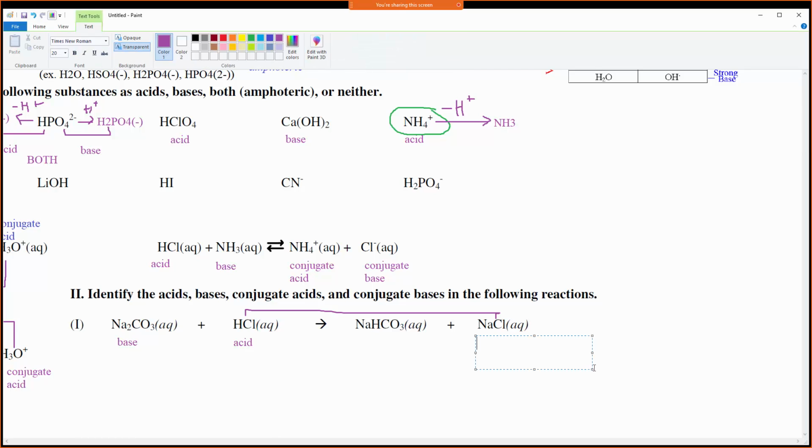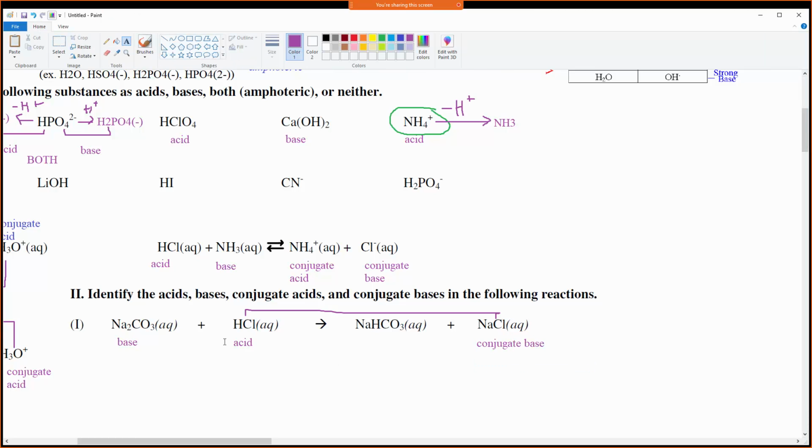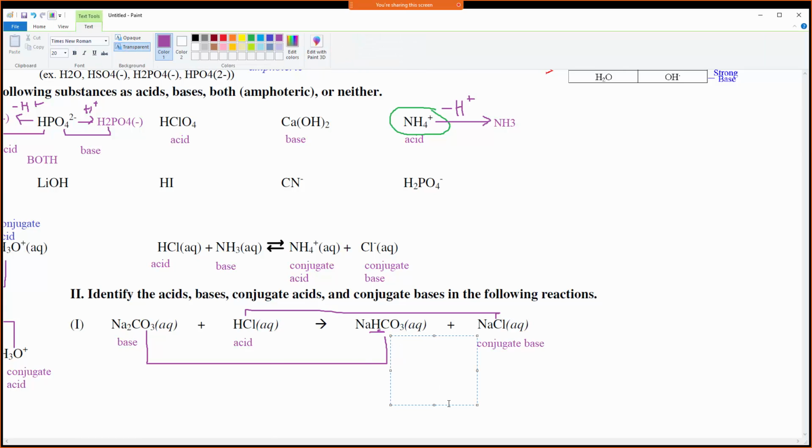Okay, so that makes this our conjugate base. If we're right, that means we should expect to see that this guy picked up an extra hydrogen. Did that happen? Na2CO3. Yep, he's got an extra hydrogen right there. Perfect. So of course that makes this guy the conjugate acid.